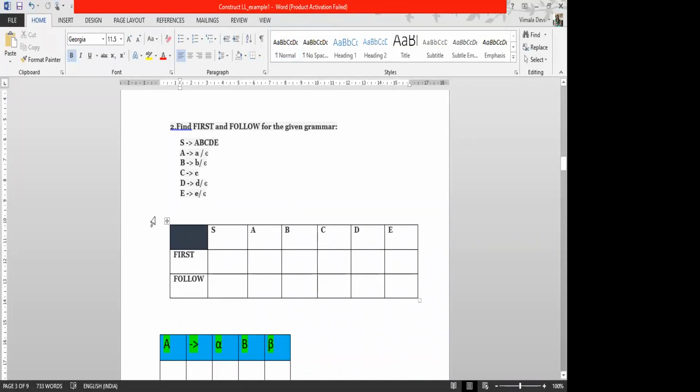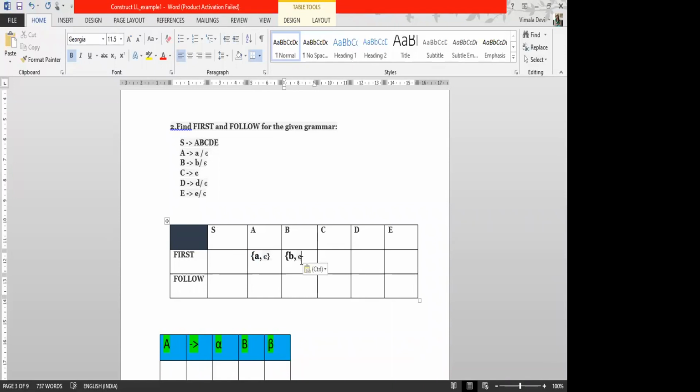Okay, now we are going to find the first set for all the variables here. First of S seems to be a little complex, so let us come to this at last. First, you tell me what is first of A. First of A is the terminal a as well as epsilon. First of B is the terminal b and epsilon.